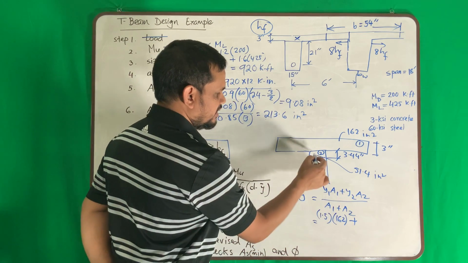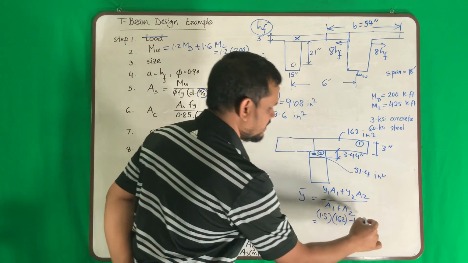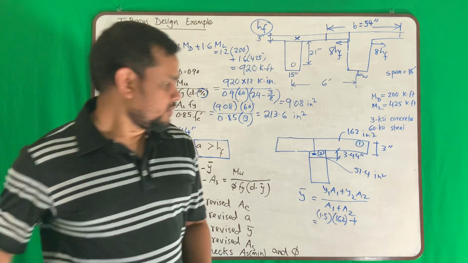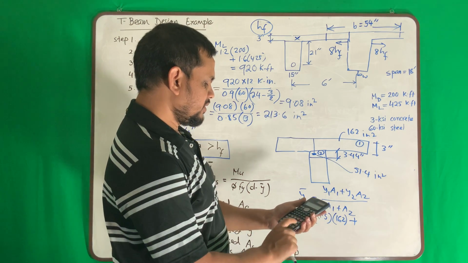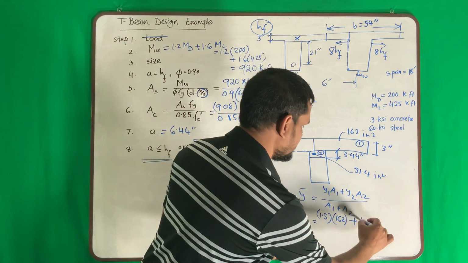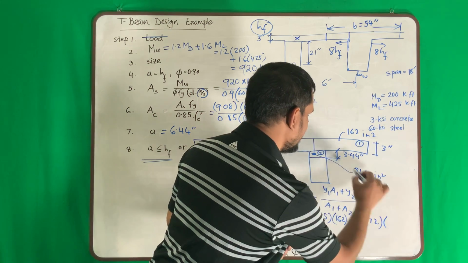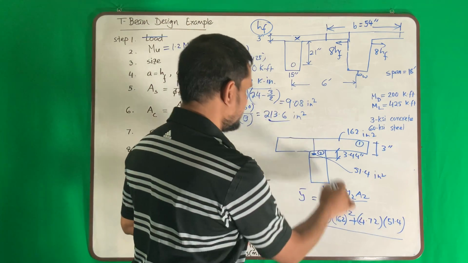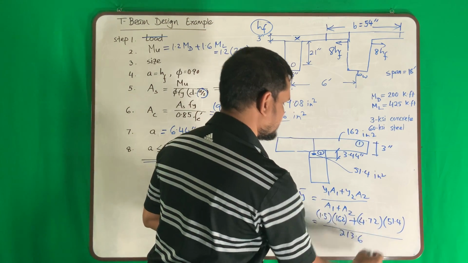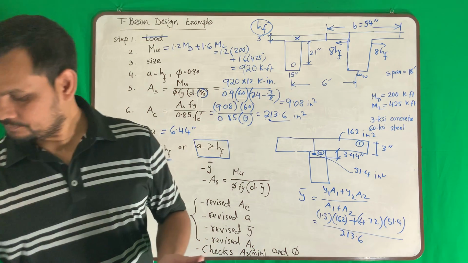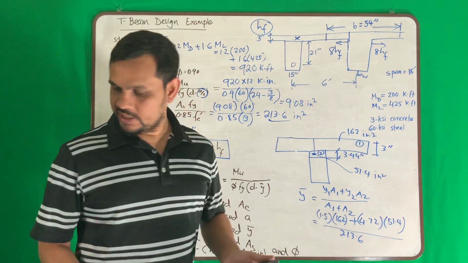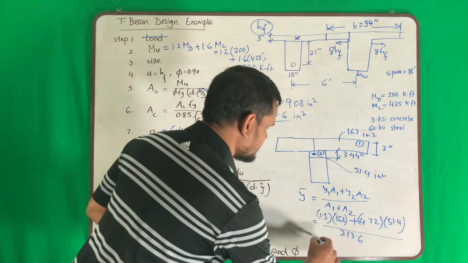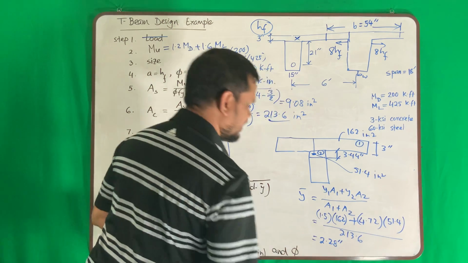Then y2 is centroid of this, from here to the middle of this, that means 3 plus half of this. 3.44 divided by 2 is 1.72 plus 3, so 4.72, and area of this is 51.4, and a1 plus a2 is simply 213.6. Okay, so then we will get our Y bar. If I do the calculation, it will be 2.28.